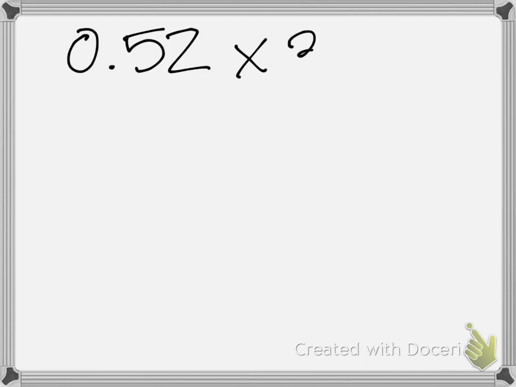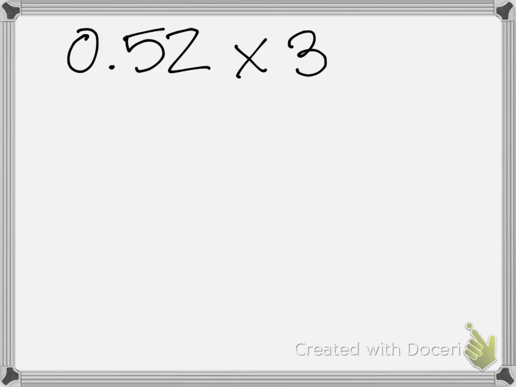So I'm going to show a great question that we had in the class. What number was that? Number 5? Or number 2 on here? Number 2. So if we look at number 2 on the guided practice, we see 0.52 times 3. Now Jaden did a great job, but he followed one of our old rules.